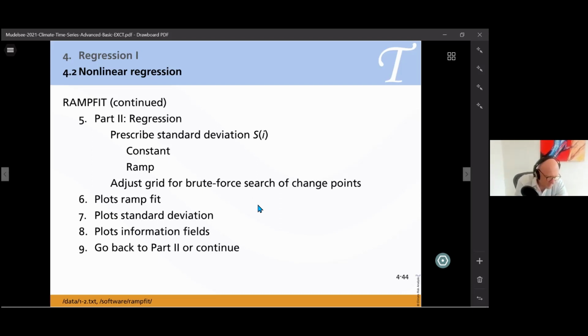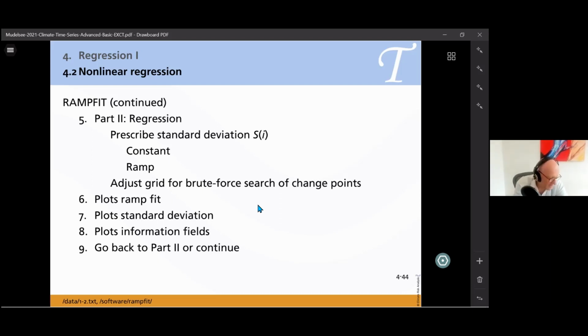You work in circles back and forth until you have a good selection of the parameters, and then you obtain the final result. This is how I see applied statistical data analysis should be done.